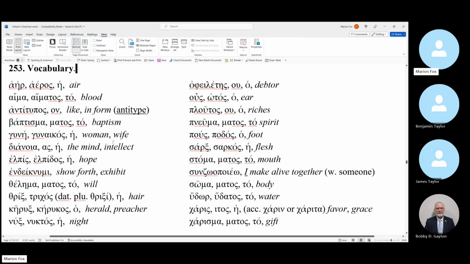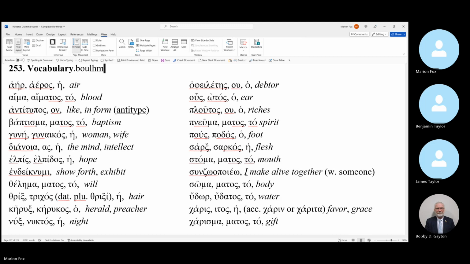Thelēma, that's the will. And boulēma. Let me write it up here. I think that's how we spell it.